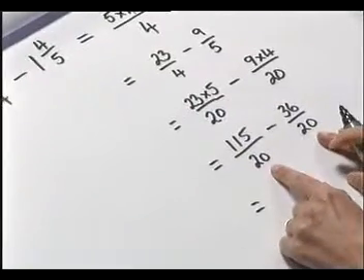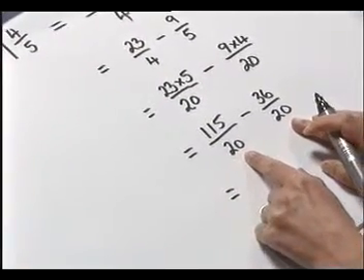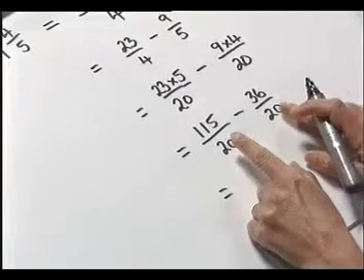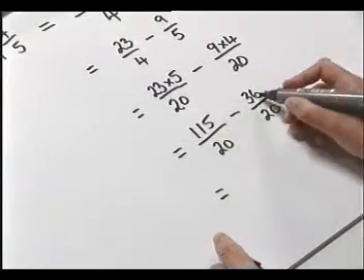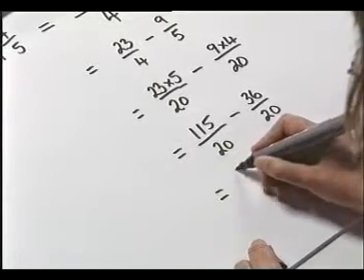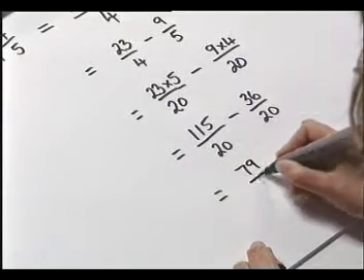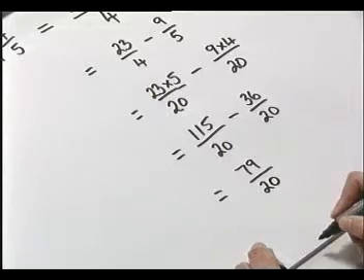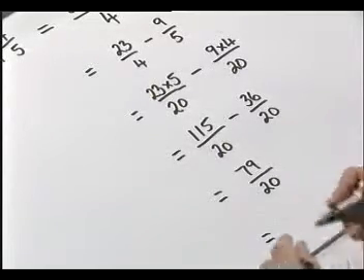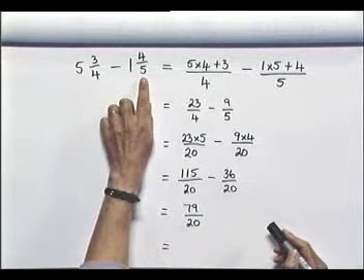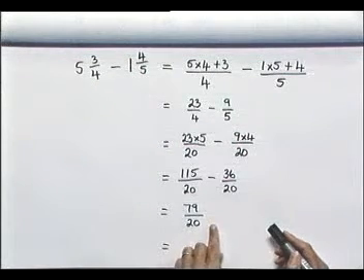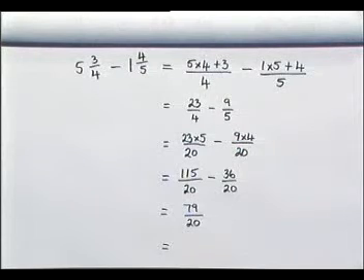Now our denominators are the same. We can simply subtract the numerators. 115 take away 36 is 79. So we have 79 20ths. And usually if our question is given in terms of a mixed fraction, then we ought to give our answer in the same form.